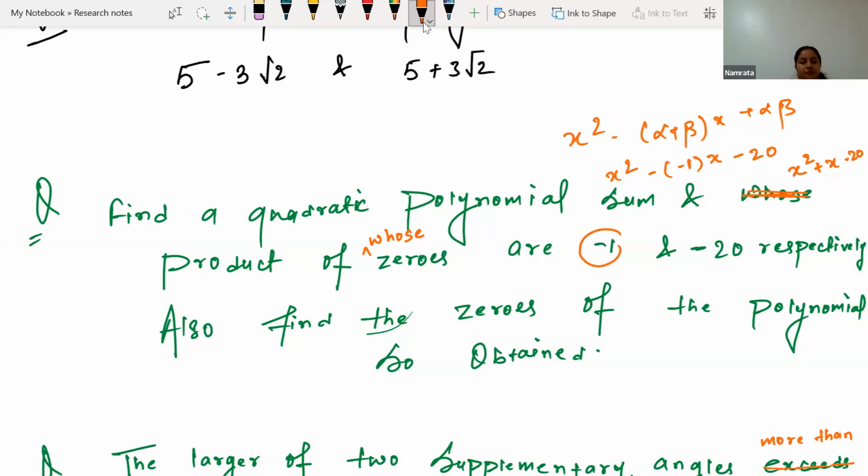Ma'am, alpha will be -5 and beta will be 4. Yeah, perfect.